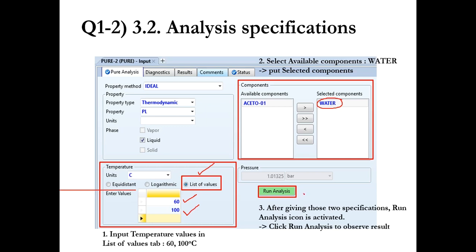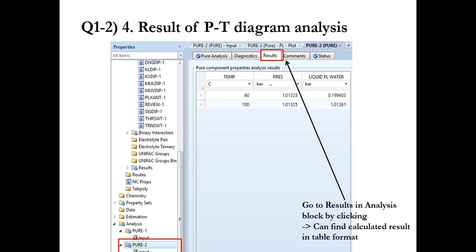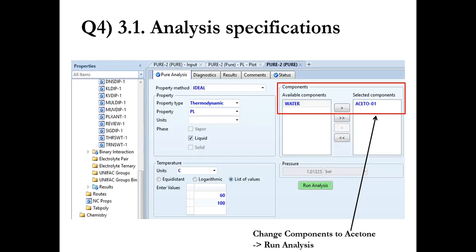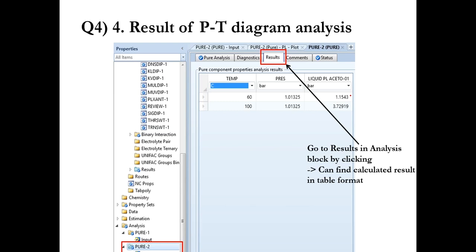After that we will run the analysis, and we will get the values of vapor pressure at 60 degrees centigrade and at 100 degrees centigrade. Then we will select acetone and do the same calculation, and we will again get the values of vapor pressure at two different temperatures for acetone.